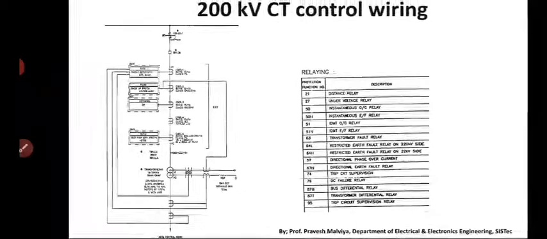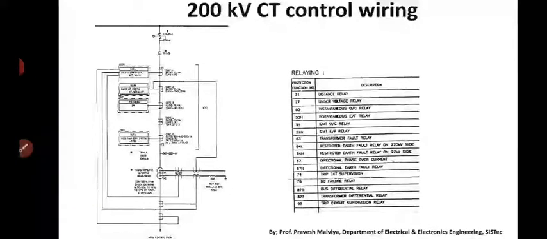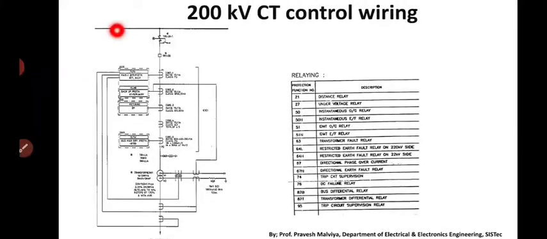What is it doing? This is the 220 kV line. When this isolator is closed, supply will be available here, and when this circuit breaker is closed, supply will be available till this PT and till the transformer.